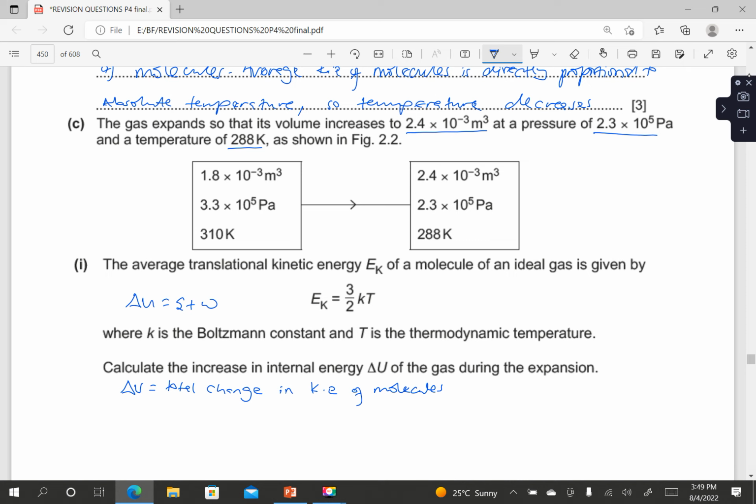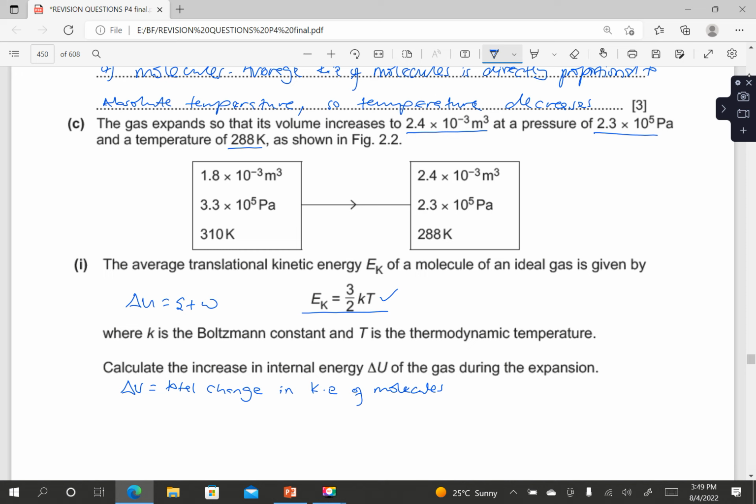The gas expands so that its volume increases to 2.4 times 10 power negative 3 meters cubed at a pressure of 2.3 times 10 power 5 pascals and a temperature of 288 Kelvin. So for an ideal gas, the potential energy contribution is zero. It is the kinetic energy contribution to internal energy which is very important. We have already seen that the average kinetic energy of just one molecule is given by this expression.